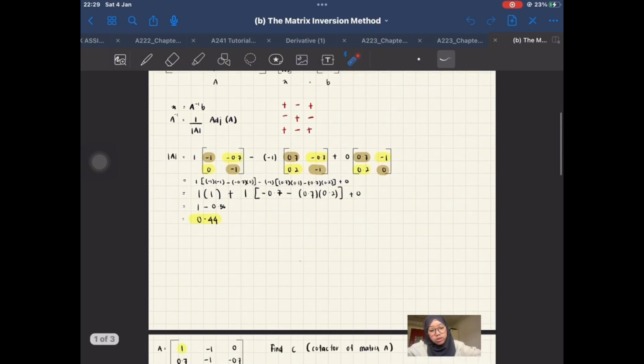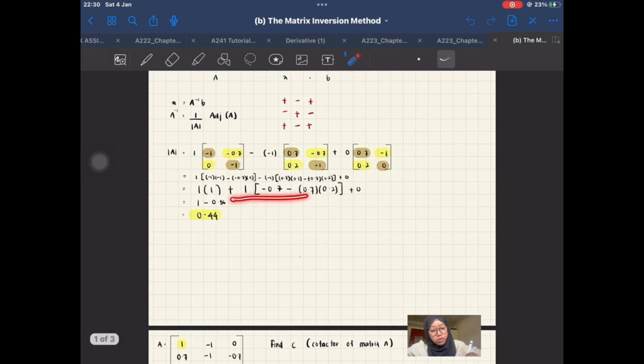So now we are going to calculate this. The first term is 1 times this determinant, which is negative 1 times negative 1 minus negative 0.7 times 0.2. Then we use the same step for the next one. We simplify the expression so we get the answer for the determinant, 0.44.